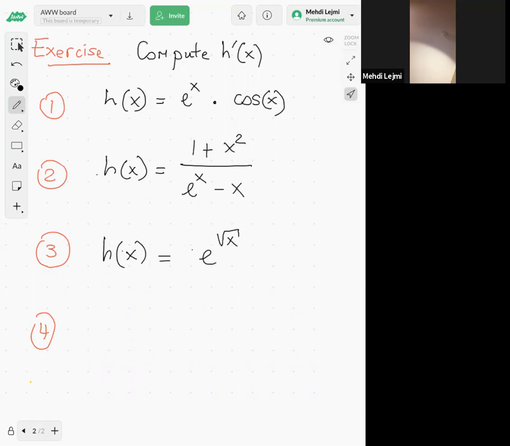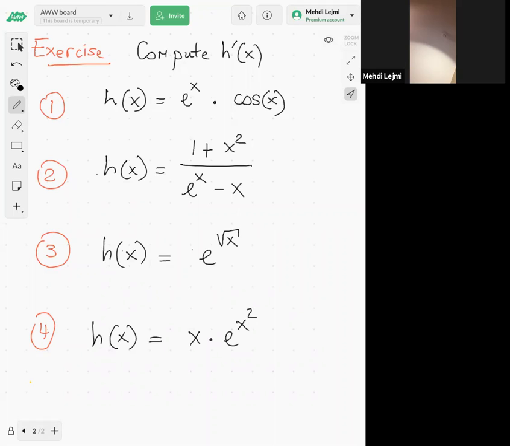So here the exponent is the square root of x. And finally, h of x is equal to x times e to the x squared. All right.